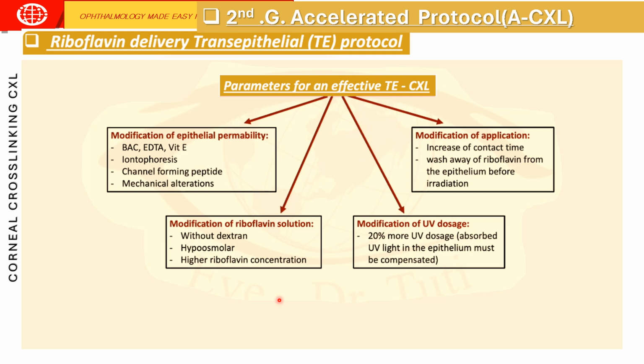But all the procedures have a limited result as compared to the Dresden protocol. They show some improvement in the effect, but the Dresden protocol remains the superior one as far as efficacy. However, the intolerance of the patients and the pain encountered after the procedure make it challenging for the doctor to look for any other alternative way to improve the efficacy of the cross-linking by increasing the diffusion of riboflavin inside the cornea.